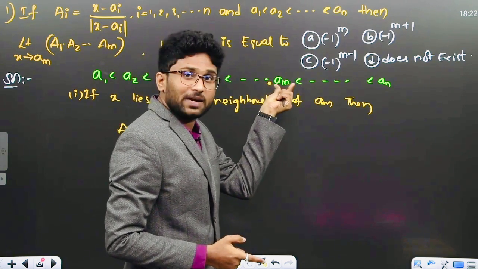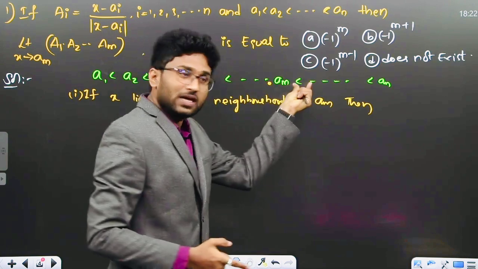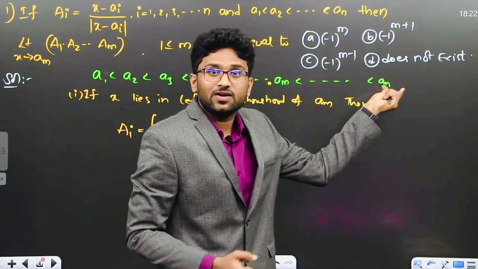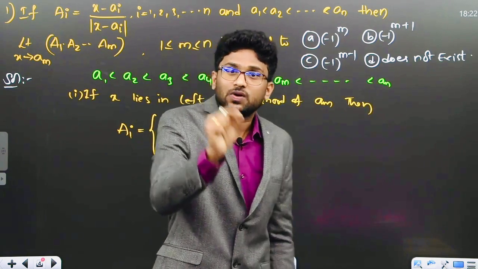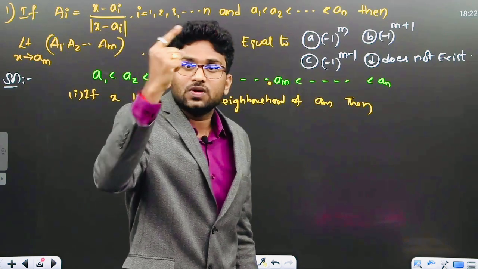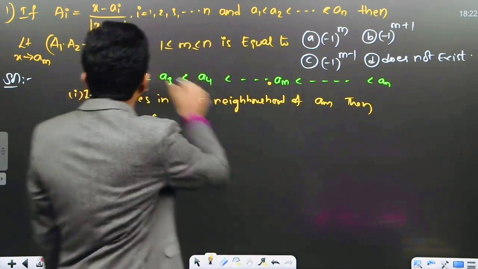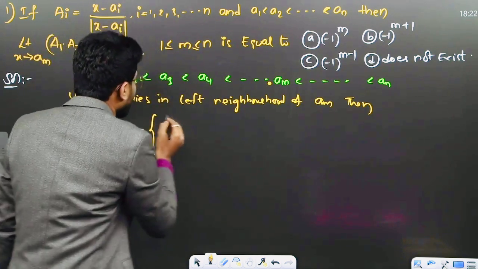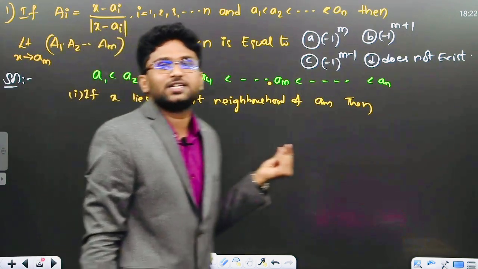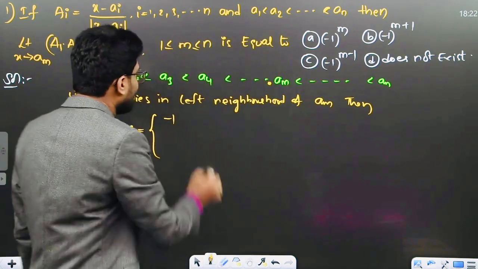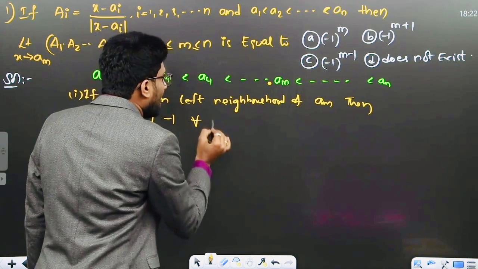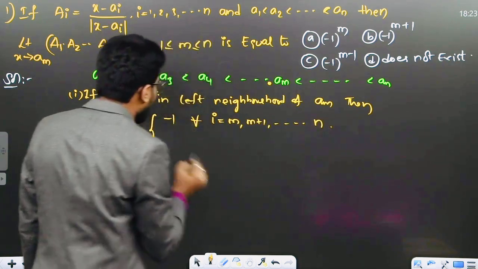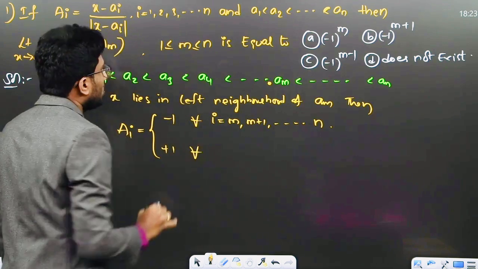So x minus a_m will be negative, x minus a_(m+1) negative, and so on, x minus a_n will be negative. So for i belongs to m to n, this is negative. When this is negative, negative by negative is same, so we get A_i will be negative 1... I mean to say A_i is negative 1 for i equal to m, m plus 1 and so on till n.